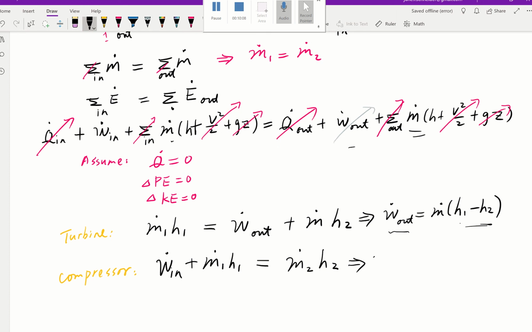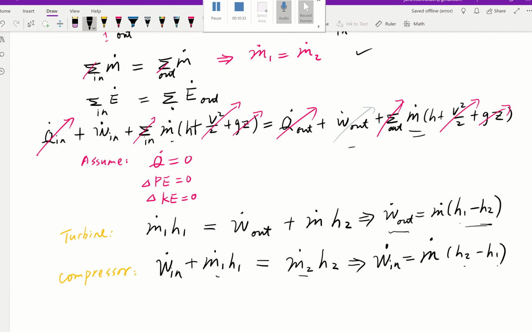So let's make this a little better looking. We'll have how much work is required for the compressor. Work coming in is going to be equal to m dot. So here, m2 is equal to m1, right? We're talking about mass conservation. So it will be just m dot times H2 minus H1. Well, I think we can figure out why it's 2 minus 1 instead of 1 minus 2, right?